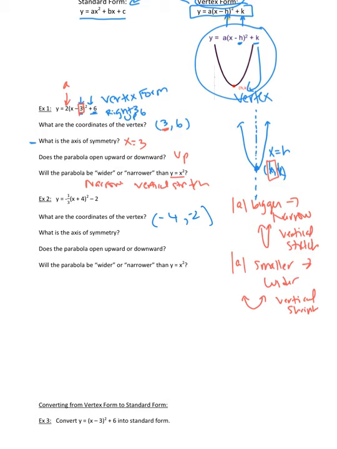The axis of symmetry is whatever that x value was in an equation, x equals -4. Does the parabola open up or down? Well, the a value, the 1/3, is negative, so it opens down. And will the parabola be wider or narrower than y equals x squared? It will be wider because the fraction is smaller than 1. And it'll be a vertical shrink.